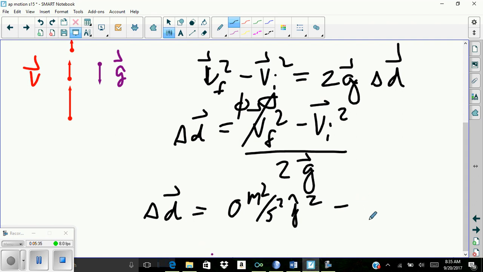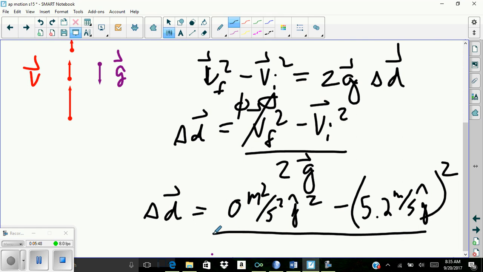And then my initial velocity, let's look in our box, 5.2. So it's 5.2 meters per second j hat quantity squared. And then I'm dividing by 2 times negative 9.8 meters per second squared j hat.